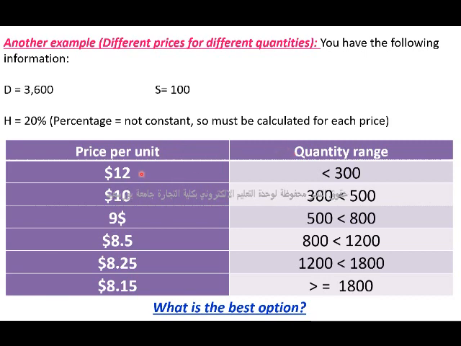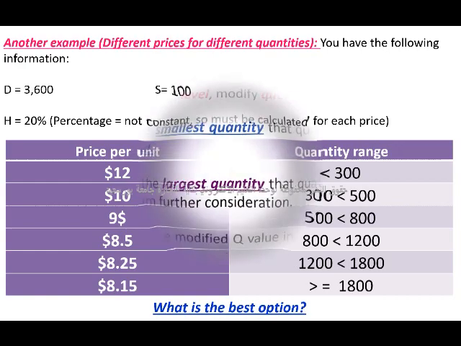The price will be $12 if you buy quantity less than 300. The price will be $10 if you buy from 300 to 500. $9 if you buy 500 to 800. What's the best option?